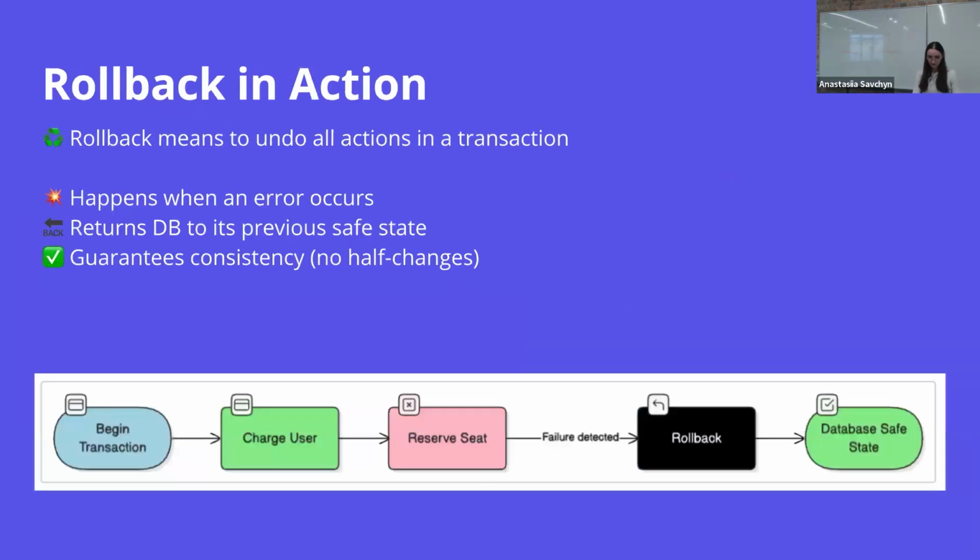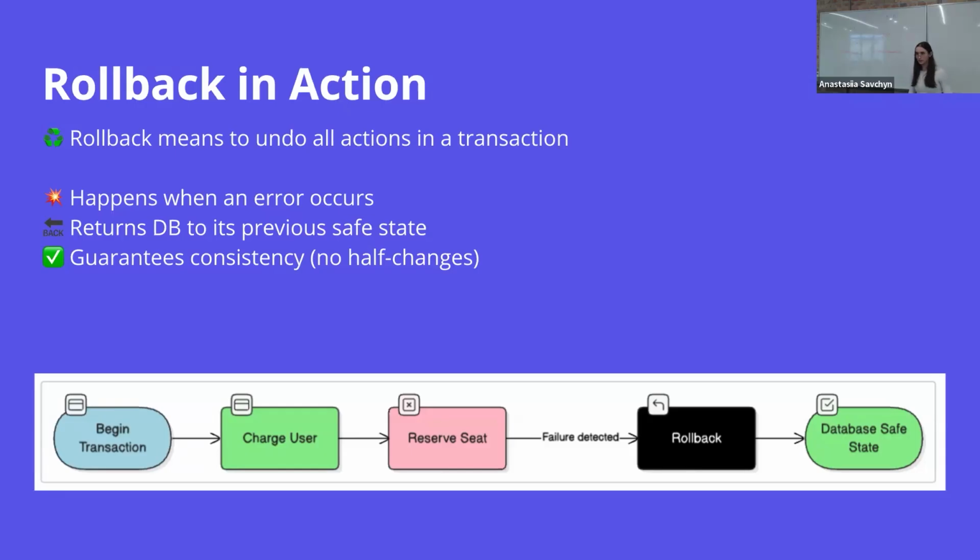Okay. So what is rollback? Rollback means to undo all the actions in a transaction if some failure is detected. It happens automatically when an error occurs. It returns your database to the state that it had before the whole transaction, and it guarantees consistency for you.